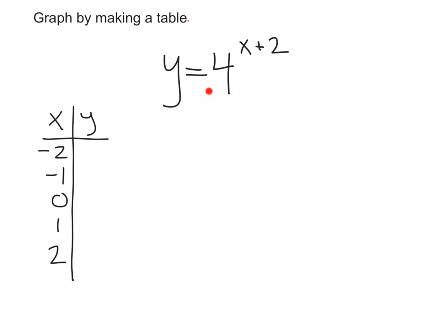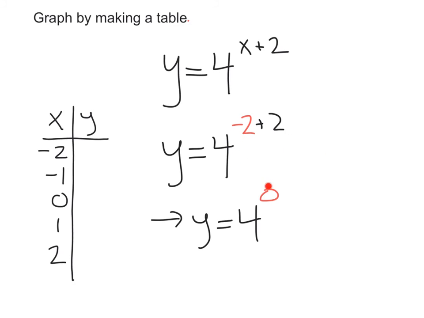All right, I'm not going to do this whole problem, but I did want to point out something interesting about it. y equals 4^(x+2). This plus 2 is a part of the exponent. So for example, if we plugged in x equals negative 2, we're going to get y equals 4 to the negative 2 plus 2. This is all still the exponent here. So we have to do negative 2 plus 2 before we know what to do with the 4.